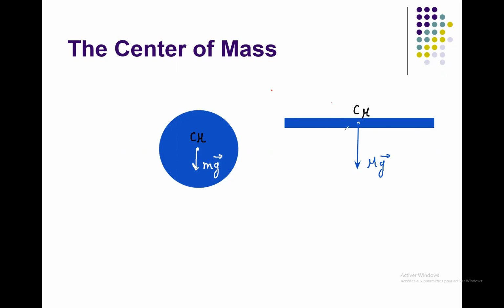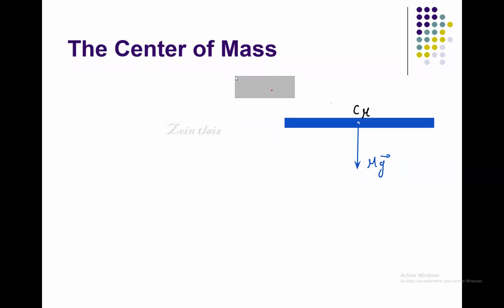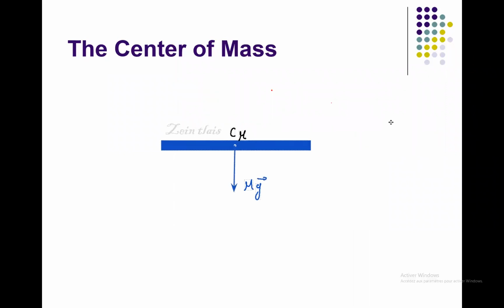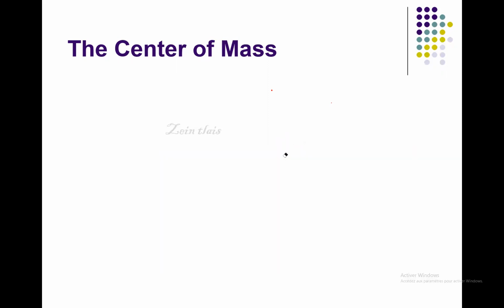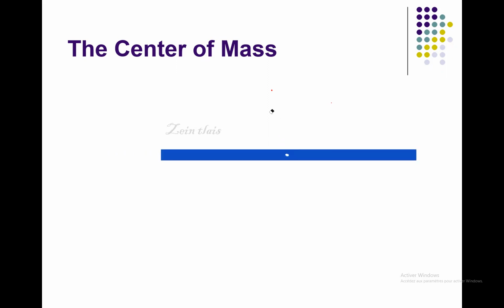Now we are talking about a symmetric object, as you see, the sphere and the road. Now let's take a more complicated system. We have this road, for example, like this, and here I need to calculate before, we have a small object here of M1.